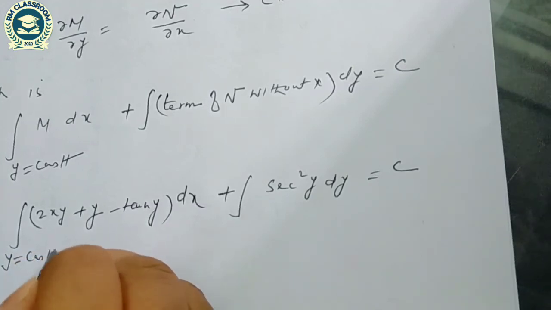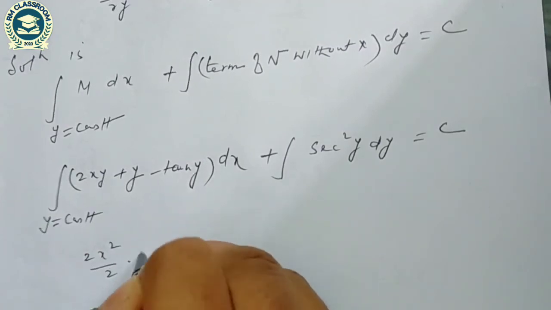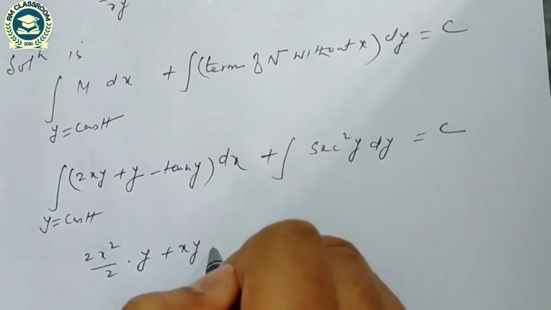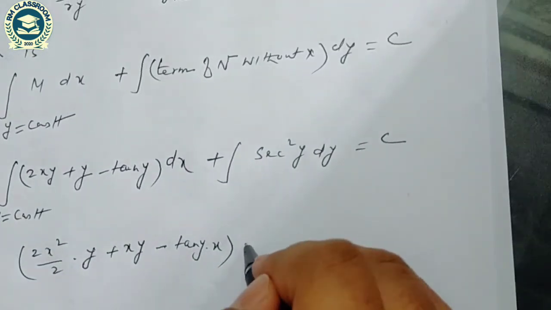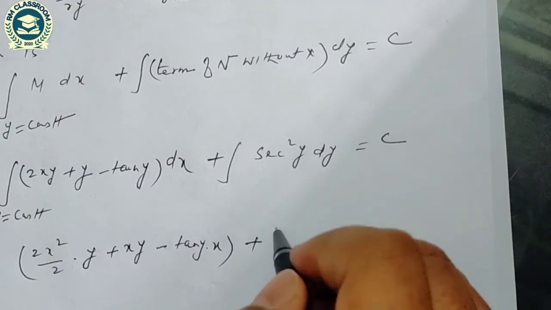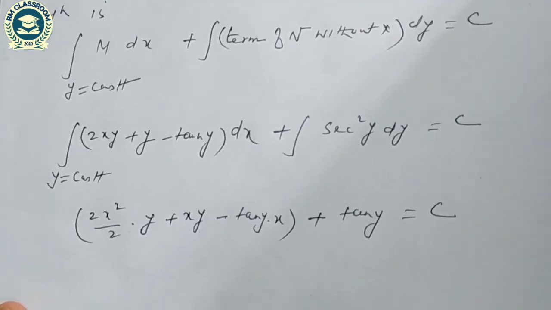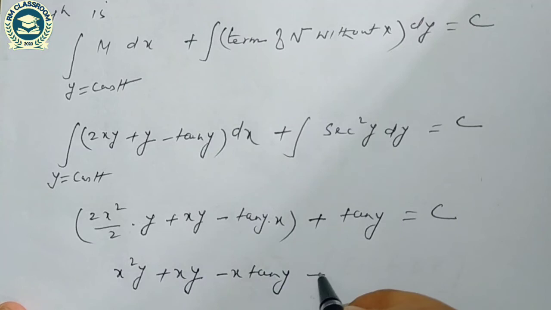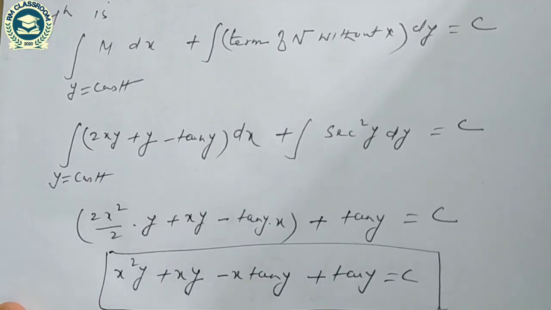Here y is constant, so 2 times x square by 2 into y plus xy minus tan y into x plus the integral of sec square y dy, which is tan y, is equal to a constant. The 2 cancels, so x square y plus xy minus x tan y plus tan y is equal to a constant. So this is the solution of the exact differential equation.